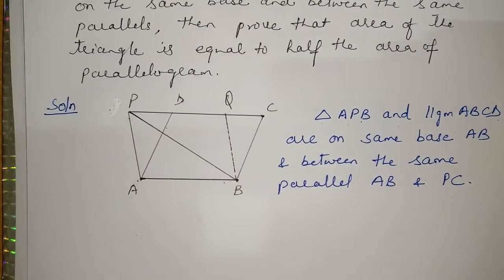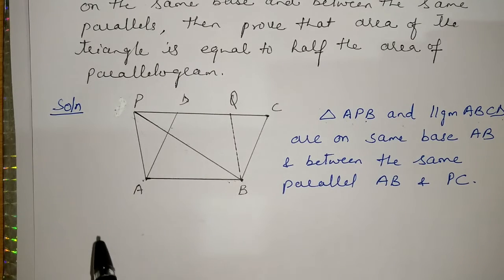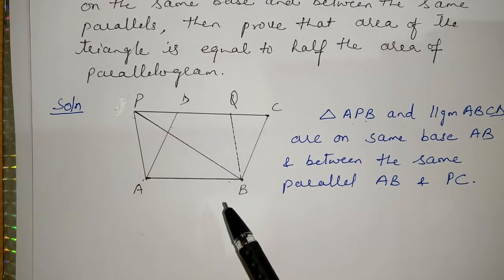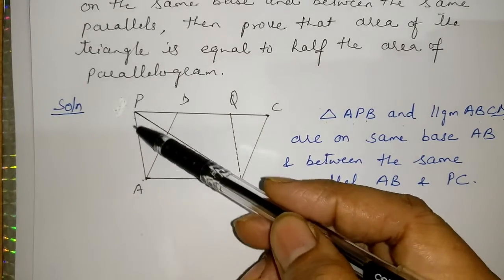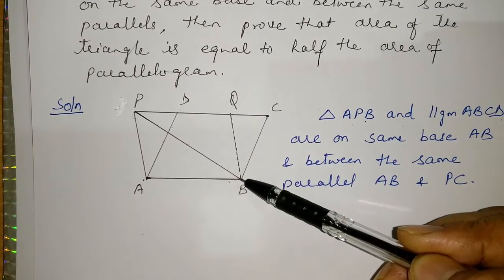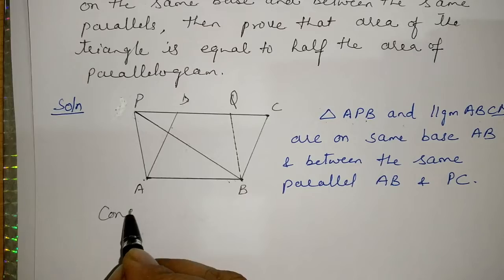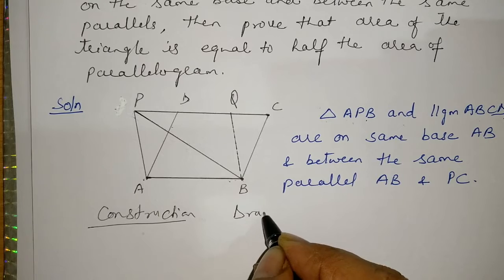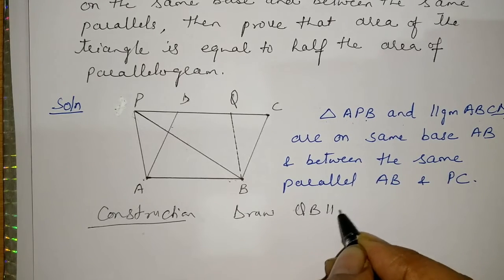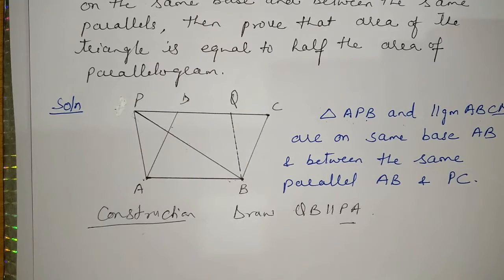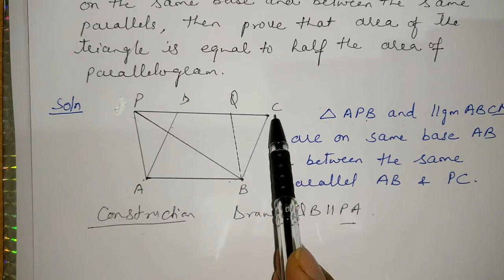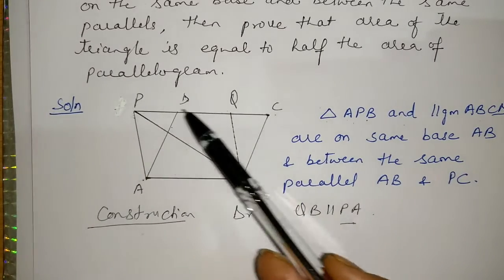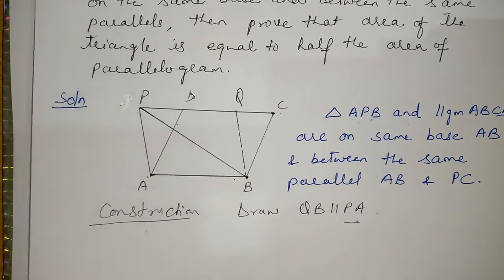So how is the proof going to work in this case. We'll start with a construction. We'll draw a line QB parallel to PA. If you see, this line PC was already parallel to AB, and we have constructed QB parallel to PA, and hence PQBA becomes a parallelogram.